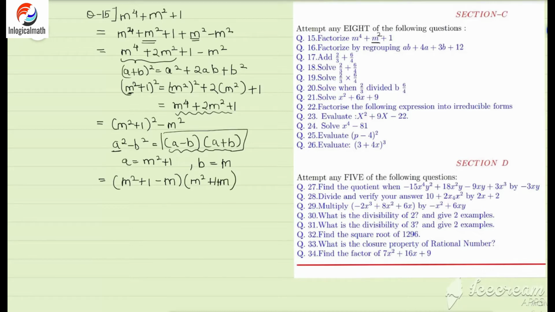Instead of b, we are writing m. So these are the factors of m raised to 4 plus m square plus 1.